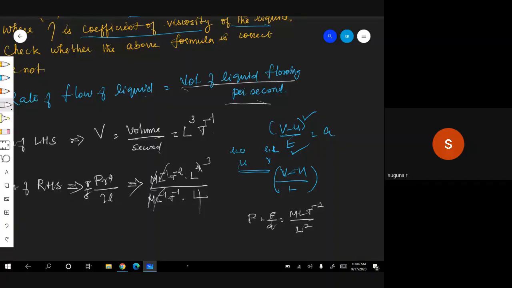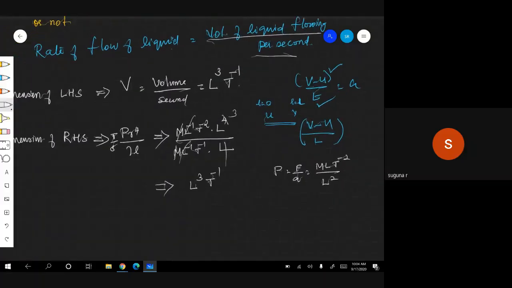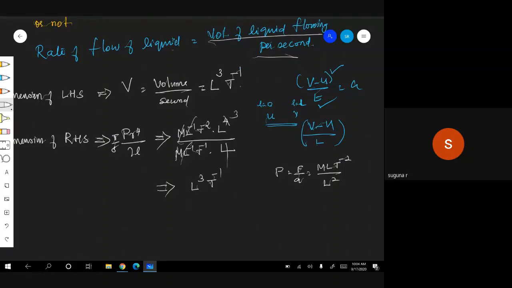Therefore, what is this? L cube T power minus 1. That's it. Correct? Therefore, the dimension of RHS is equal to the dimension of LHS. Therefore, the formula is dimensionally correct.